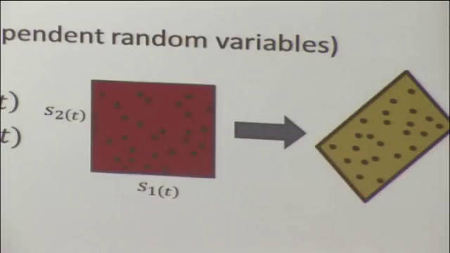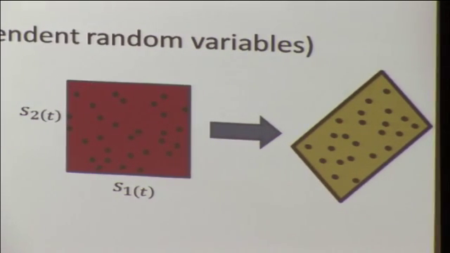And now we apply a linear transformation to this cube and we get a parallelepiped. So if we could figure out what this parallelepiped was, then we could get back this mapping, the linear transformation, and then we could get S1, S2. That's the general idea. So I'm going to now go back to the parallelepiped problem.